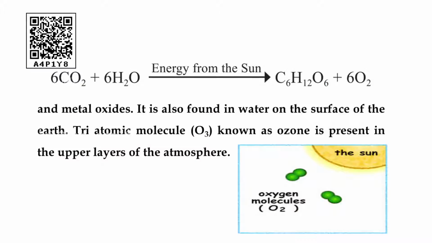Carbon dioxide has a much greater mass, 44 grams, with oxygen present in it, and water has 18 grams, with oxygen present in our water. The photosynthesis process perfectly depends on oxygen's participation.